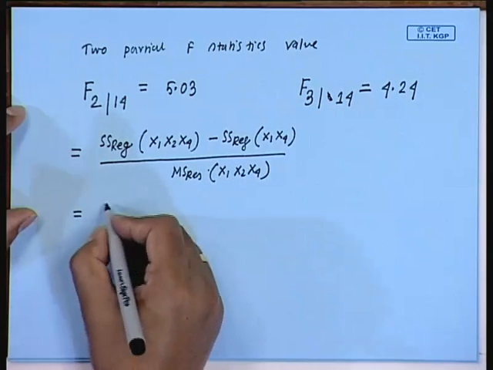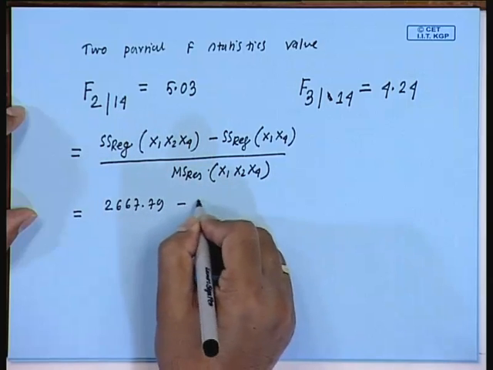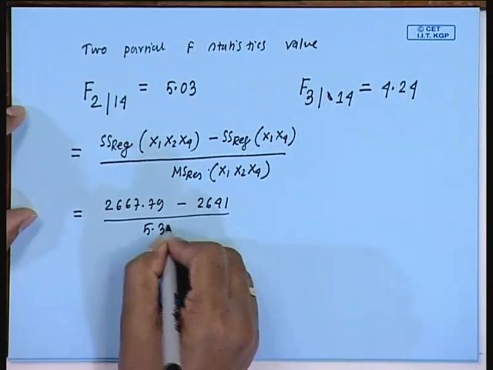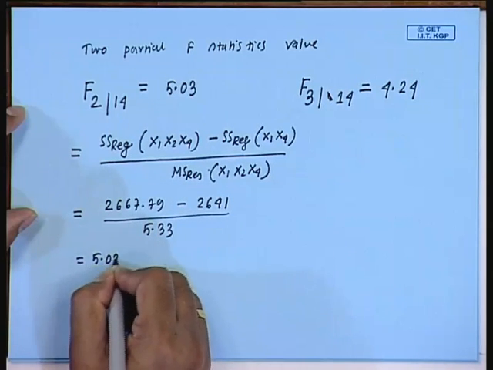So this one you can check, 2667.79 minus 2641 by 5.33, and this is equal to 5.03.